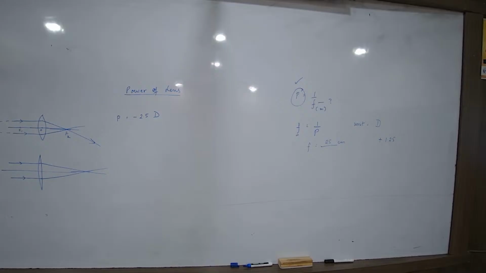Diopter. Next point. The SI unit of power of a lens is capital D, which is diopter. Next page. SI unit of power is diopter.